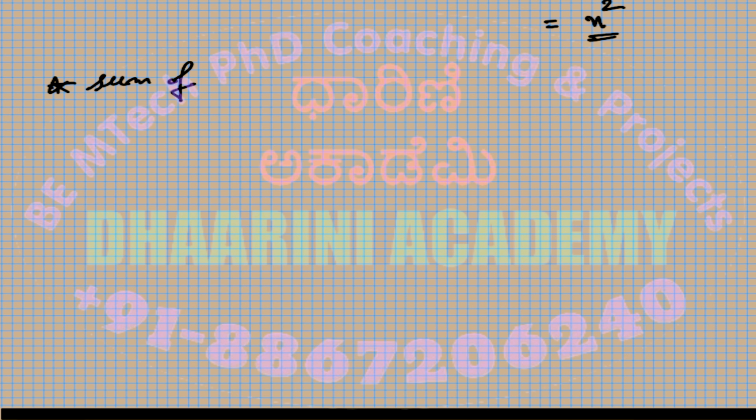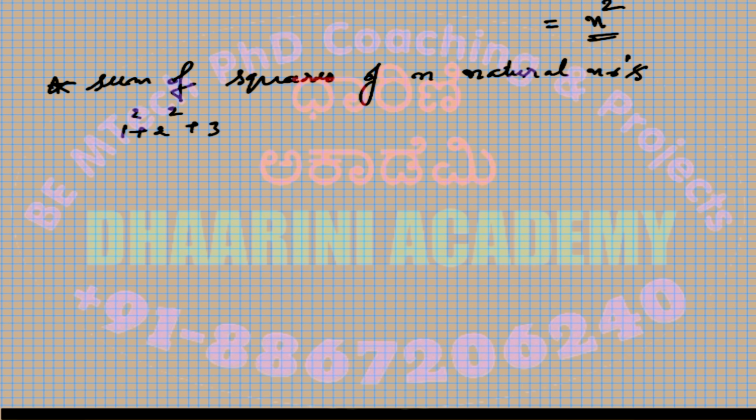Sum of the squares of first n natural numbers, that is 1 squared plus 2 squared plus 3 squared dot dot dot plus n squared.